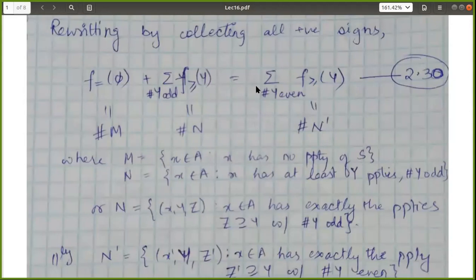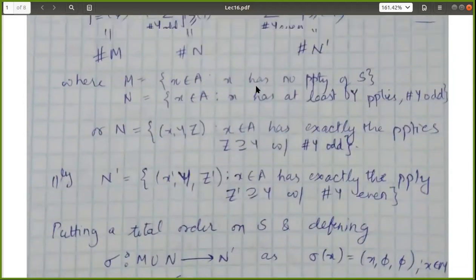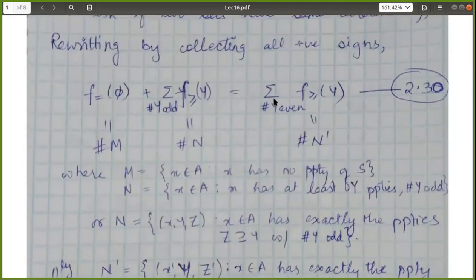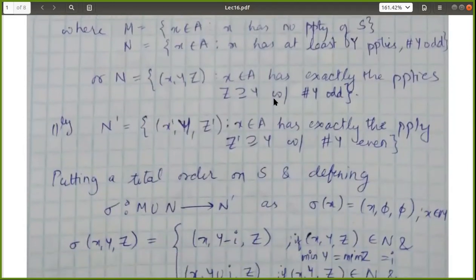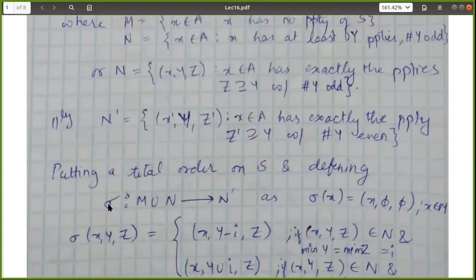Isn't that so? Yes. So to prove this identity, we are trying to define this function from M union N to N prime, and we will claim that this is a bijection.